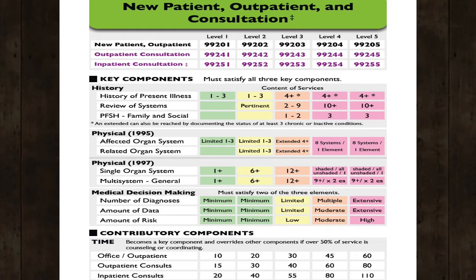All right, now if you were to look at the details under Family Social, it would show you the same thing. You don't need one for the first two levels. 1 or 2 would work for level 3. But in order to charge a level 4 or 5, you need at least 3. It's got to be complete.